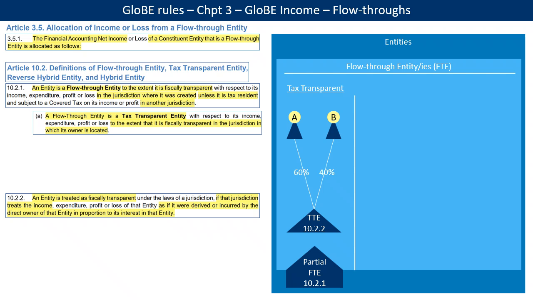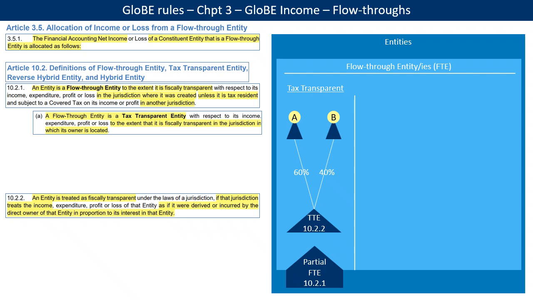And then you see the funny little dark blue house in the bottom left of the graphic. And what is that supposed to mean? It says it's a partially flow-through entity. And if you look at the wording of 10.2.1, it says an entity is a flow-through entity to the extent that it is fiscally transparent.